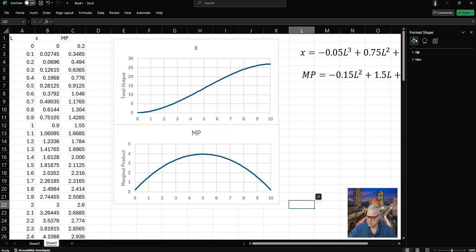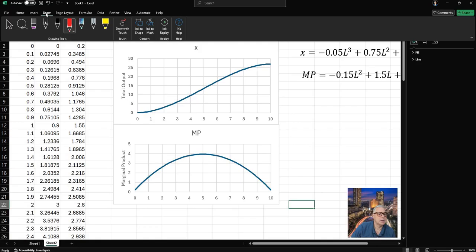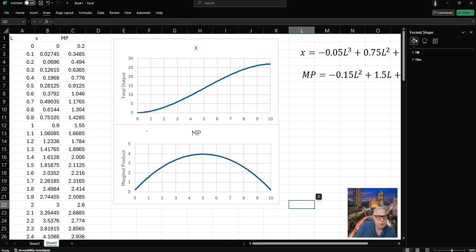Okay, so now we can see that indeed we have, for example, here the slope is really flat. That means there's a low marginal product. So that is corresponding to a low value here.